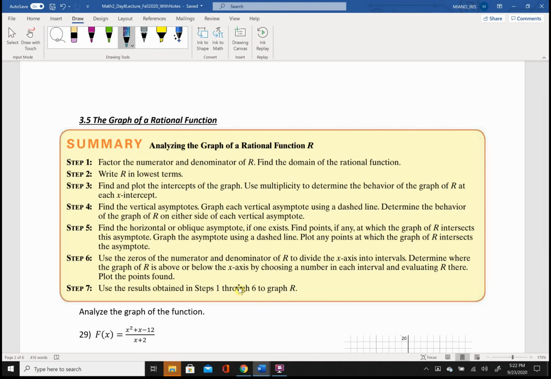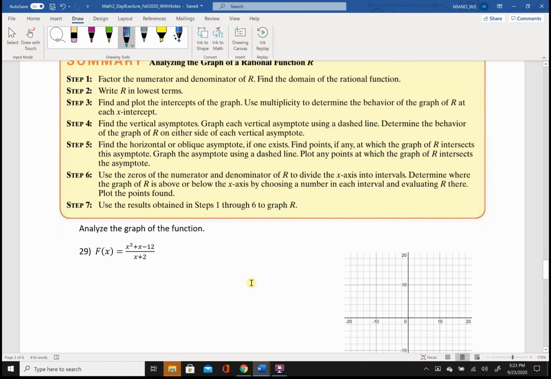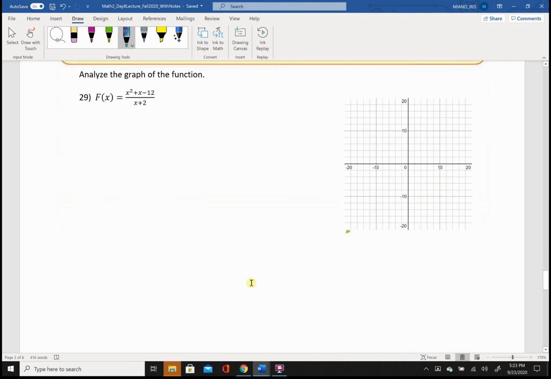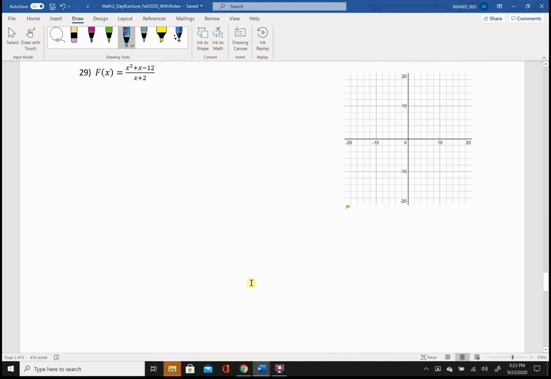So there's just a little bit of sign analysis we're going to bust out with that. Okay, so without further ado, let's go ahead and go through this 6, technically 7-step process in order to graph a rational function via this analysis. So, as you can see, we're going to take number 26 out of the textbook here, which is f of x equals x squared plus x minus 12 over x plus 2.